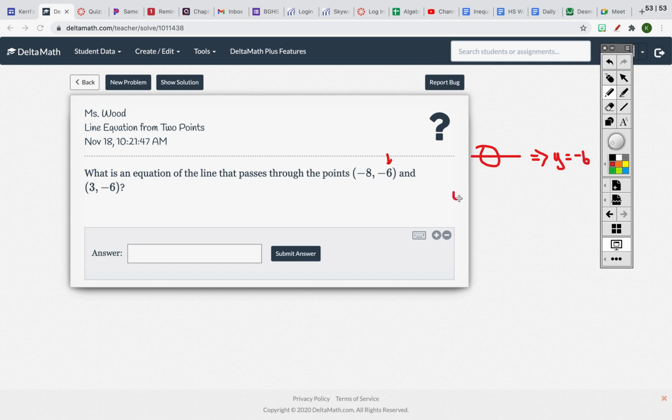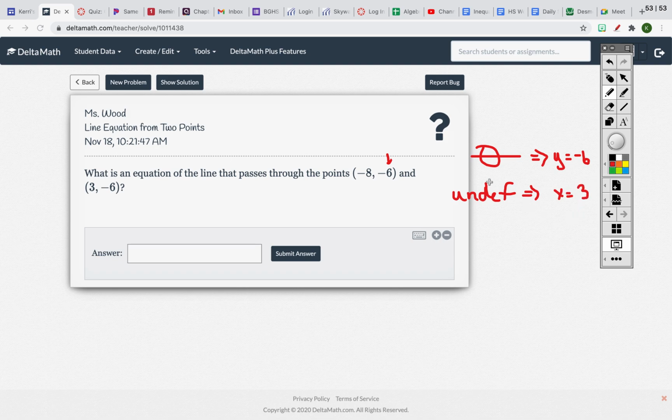When you have an undefined slope, the equation is always going to be x equals and your x value. And so your x values are going to be the same. So whatever, let's say they were both 3, it would be x equals 3.